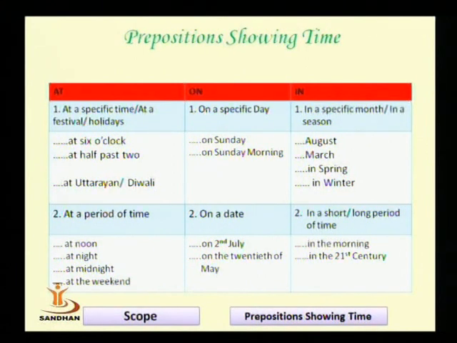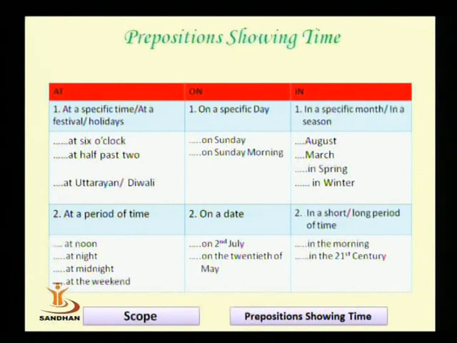6 o'clock is a precise time. 2:30 is also a precise time. Similarly, Uttarayan and Diwali are festivals. Like this, Navratri is an upcoming festival in Gujarat. In the same way, there are greetings, noon, night, midnight and the weekends.